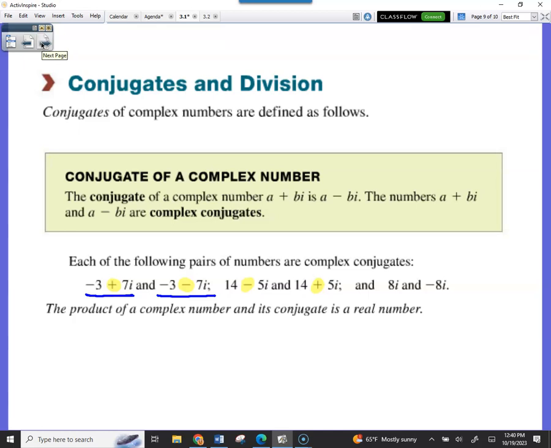All right, now we've covered add complex numbers, subtract, multiply, raising them to a power. We have not covered division. Here is division. Before we dive into an example, let me remind you of some terminology. You've heard it before with radicals. Now we're talking about it with complex numbers.